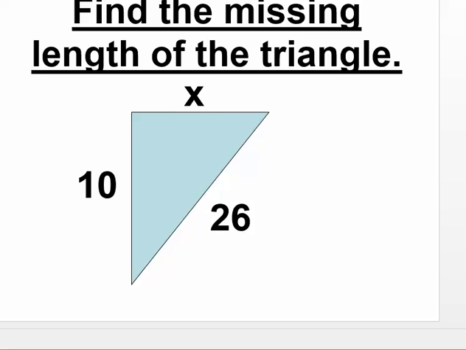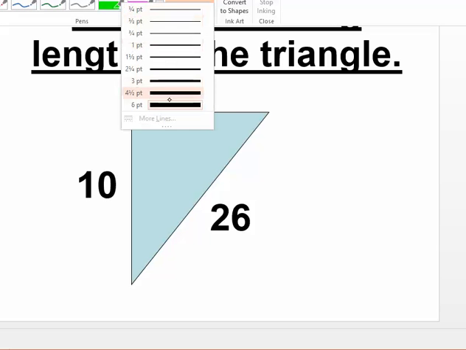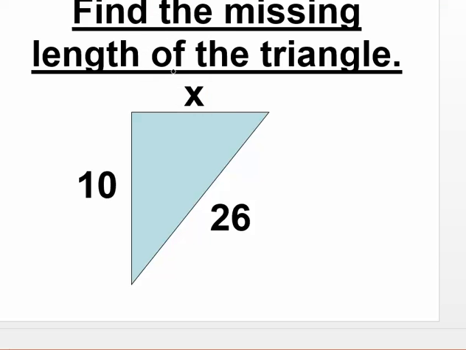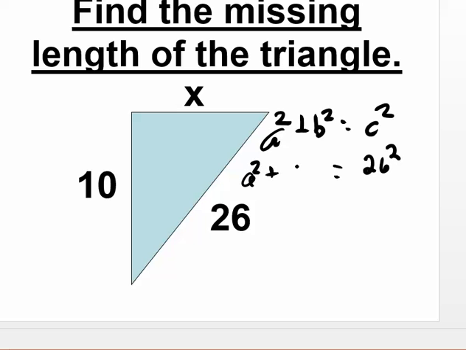We'll try one more. This is obviously the hypotenuse, so that's going to be a squared plus b squared is equal to c squared. We said this is our hypotenuse, 26 squared. This time let's say a squared plus 10 squared.